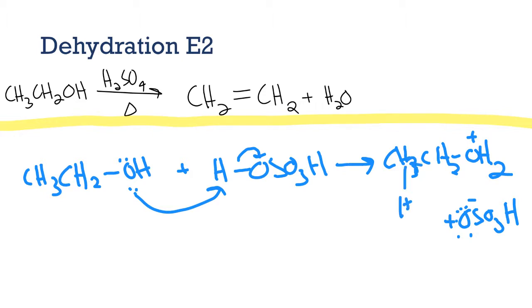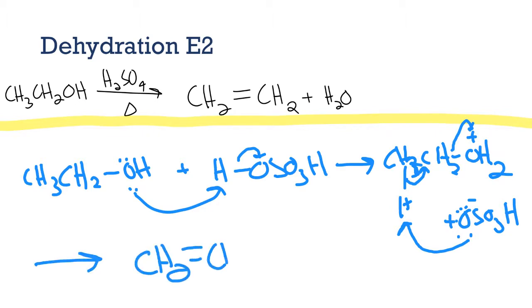Okay, so this anion will take the adjacent carbon's hydrogen, the beta hydrogen. These bonding electrons will go in between here to form that double bond, and at the same time, the water will come off. Okay, so that all happens in one step.